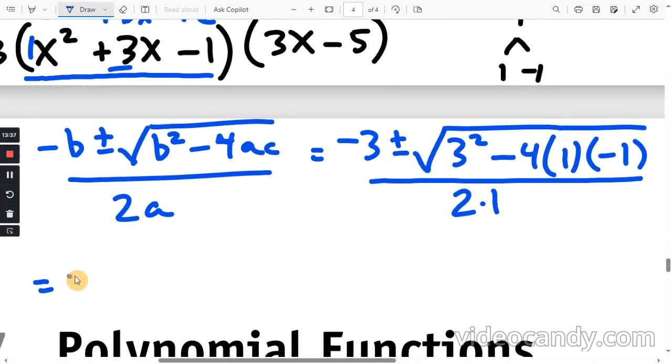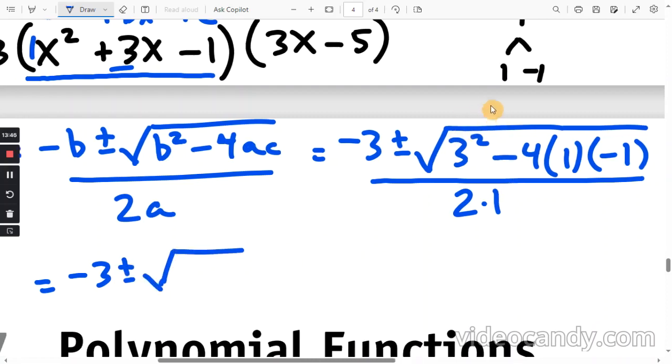All right, negative 3 plus minus. What's under the square root here? This is 3 squared, which is 9. Negative 4 times 1 times negative 1 is going to be positive 4. So 9 plus 4, or 13.